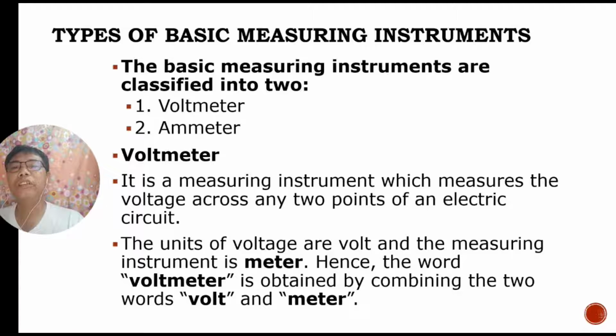So the word volt comes from the word Volta. Okay, and the unit for that is meter. Hence, the word voltmeter is obtained by combining the two words volt and meter.